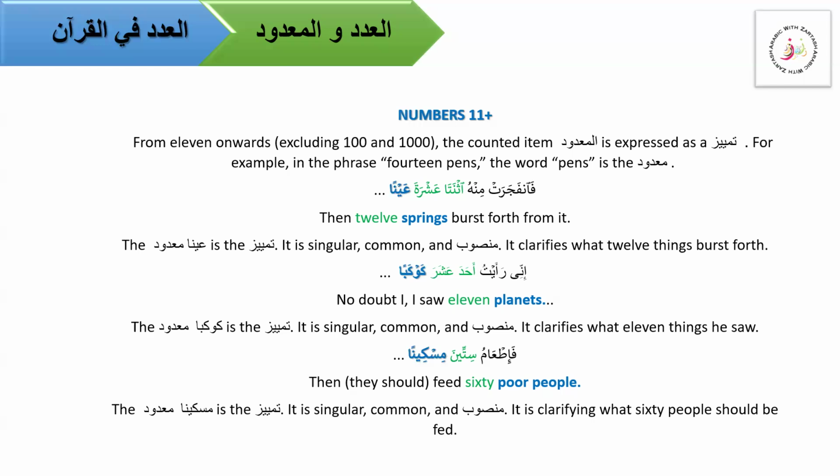And we can notice that again, it's mufrad, it's nakira, and it's mansoob. And it is clarifying what 60 people should be fed. So here, this is just a recap for the 11 plus numbers when we were doing the tamyiz. And the madud is considered as the tamyiz that is singular noun, and it should be common and mansoob.